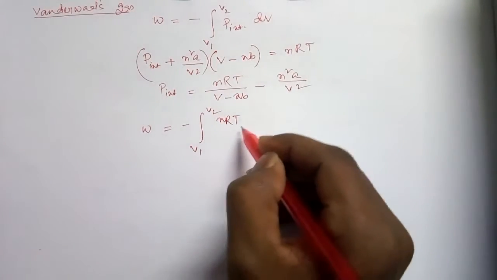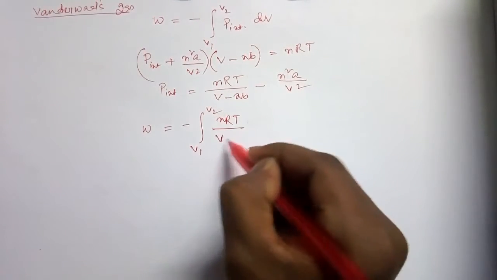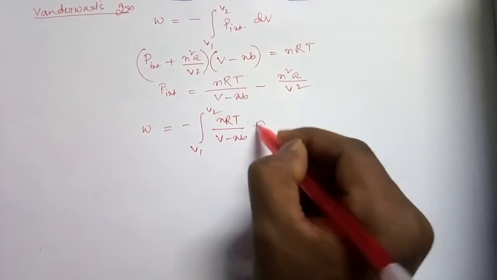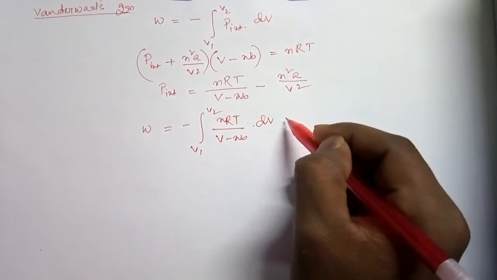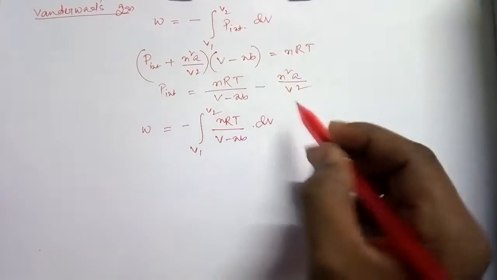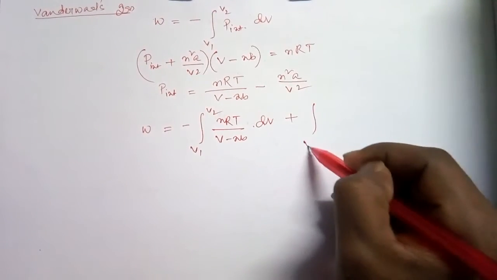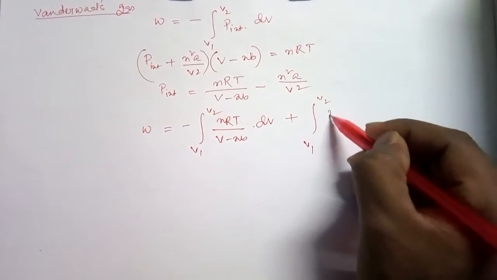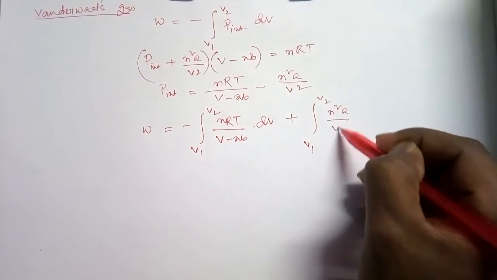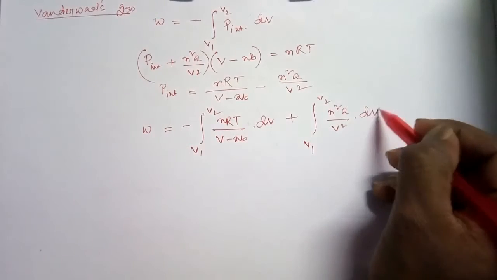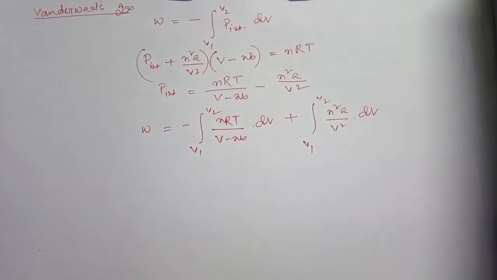So if we put that value, it becomes the integral from V1 to V2 of nRT by V minus nb into dV, and then minus into minus, plus, the integral from V1 to V2 of n square a by V square into dV, right?